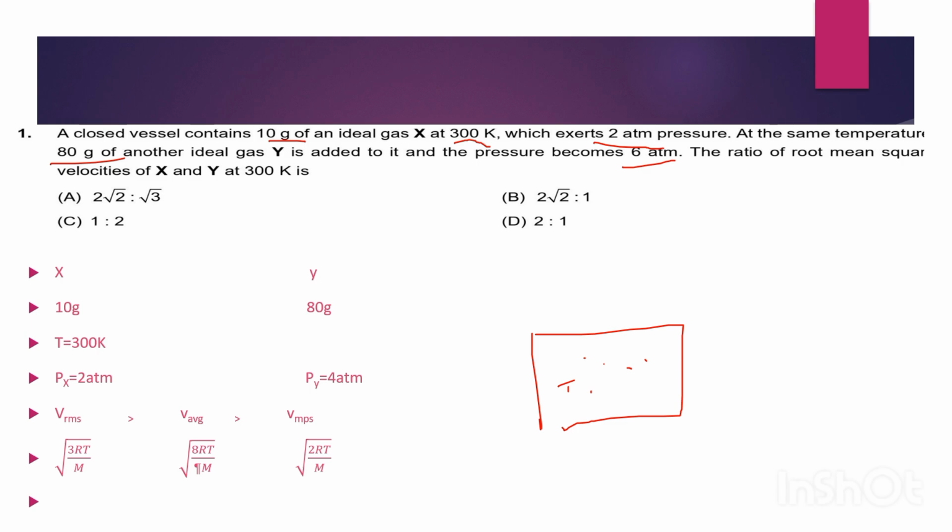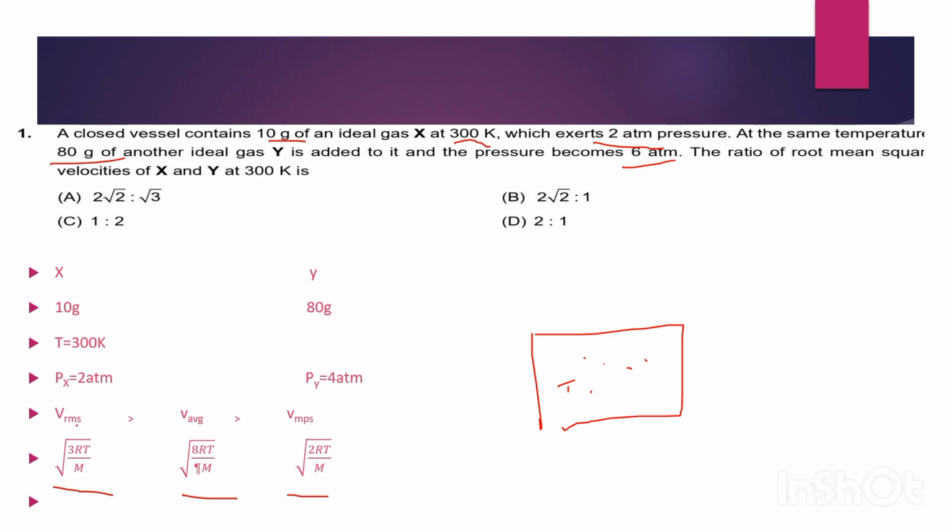And another one is the most probable speed. Suppose there are 100 gas molecules moving in a chamber. The speed of the maximum molecules, that is, suppose there are 20 molecules moving with a speed of 30 meter per second, then the most probable speed will be 30 meter per second.